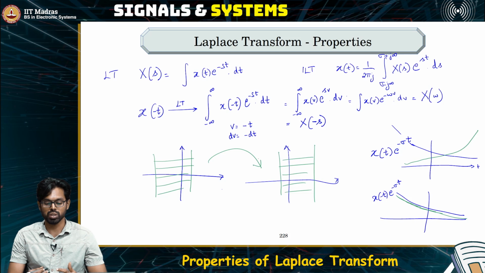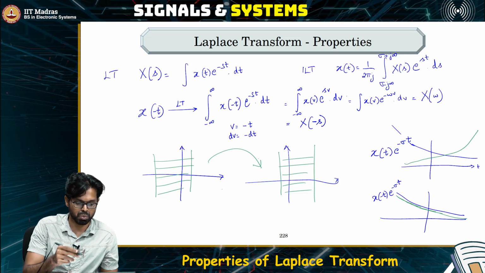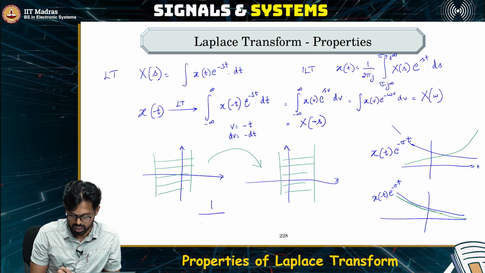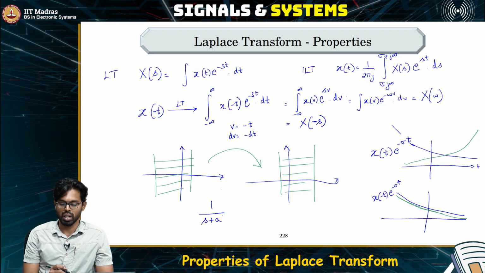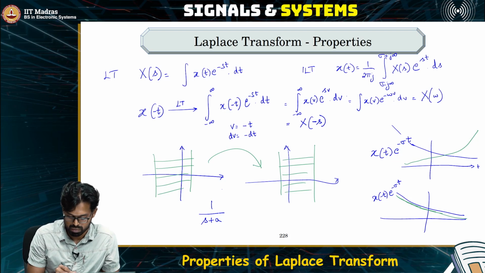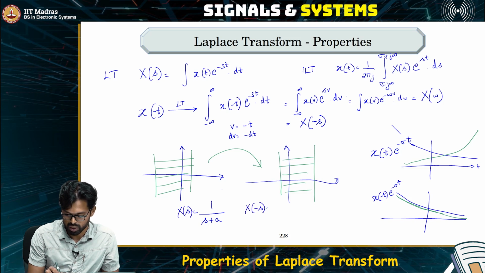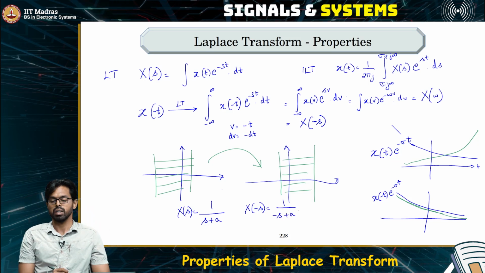What happens to the pole zeros? The pole zeros should also get affected equivalently, right? It's very simple to analyze what happens to the poles. Let's take an example. If this was the actual Laplace transform, then what happens to the Laplace transform after time reversal? It is minus s plus a, right?